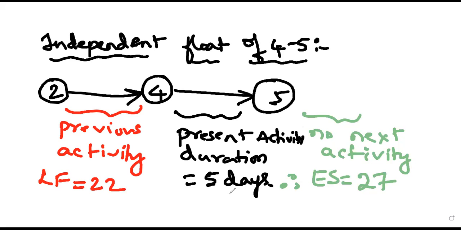Now, in this particular scenario, we have to determine the independent float. So what will be the independent float for this activity? 0.